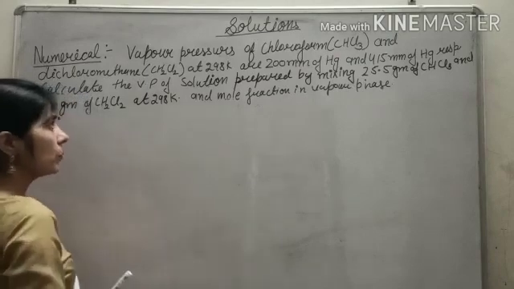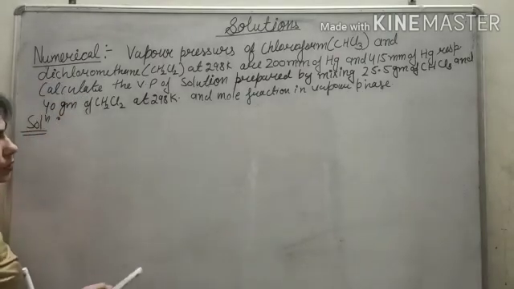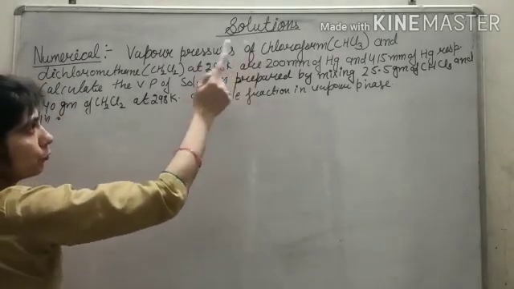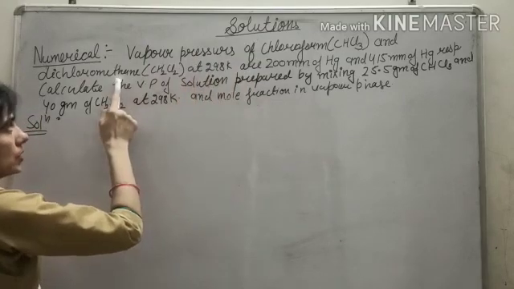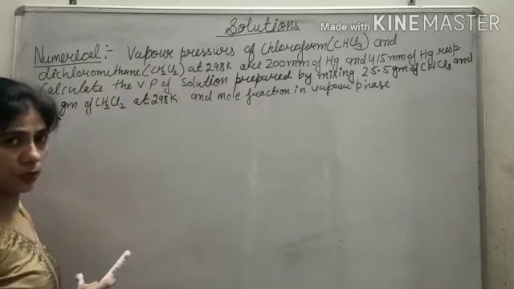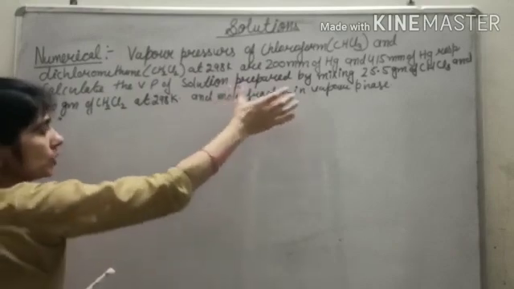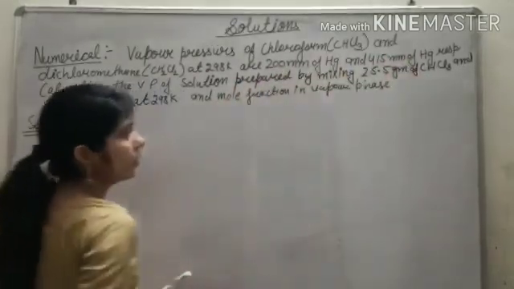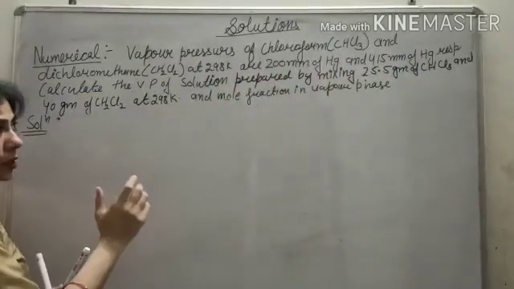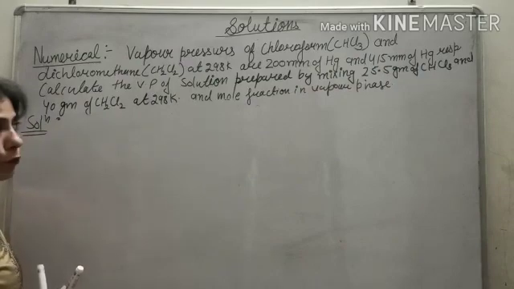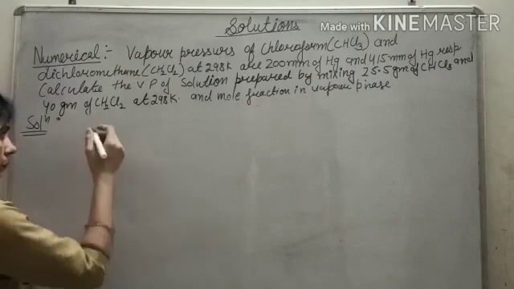Okay students, now in this statement the vapor pressures of chloroform and dichloromethane are given to us. They are the vapor pressures of chloroform and dichloromethane in the pure state.